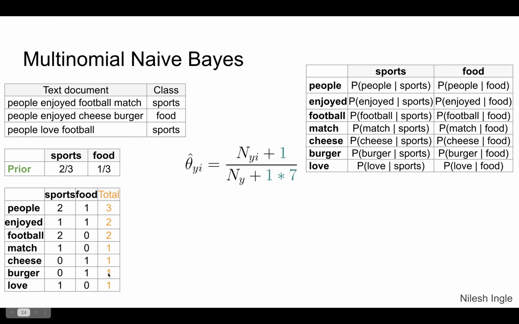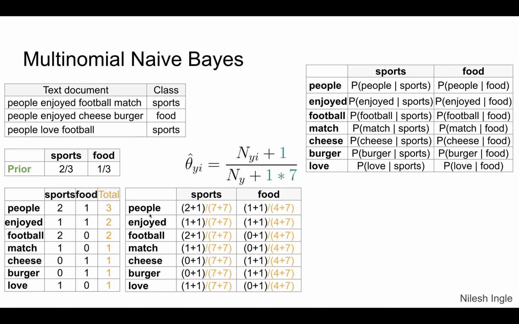Now we can use this to calculate these probabilities in this chart using this formula above. So for people we have 2, which is right this 2 plus 1 divided by 7 plus 7. So I've multiplied 1 into 7, which is 7, so I'm just putting 7 here.